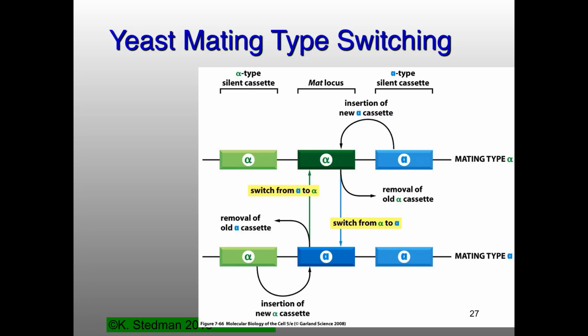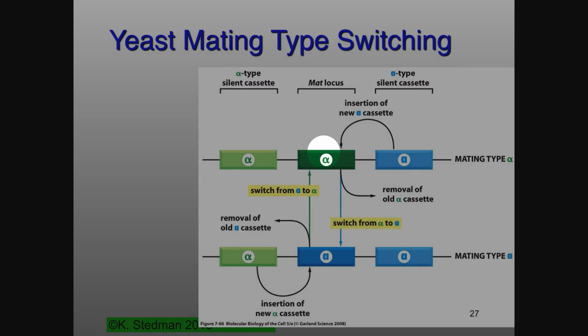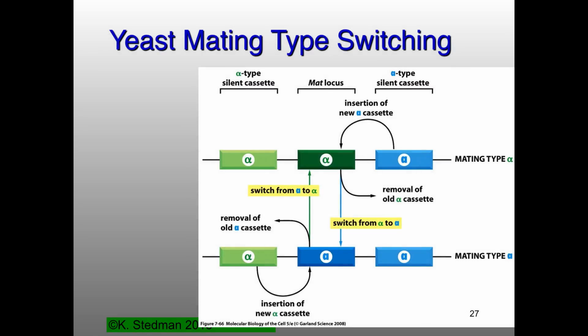So I did want to just briefly talk about yeast mating type switching. I don't expect you to remember what alpha 1 and A do, but you do have this process of cleavage at the mat locus and exchange through homologous recombination, which gives you A's versus alphas. It's the expression of the proteins present here, alpha genes or A genes, that lead to the activities you'd expect from an alpha cell, an A cell, or a diploid cell.